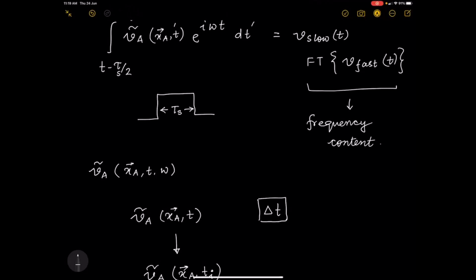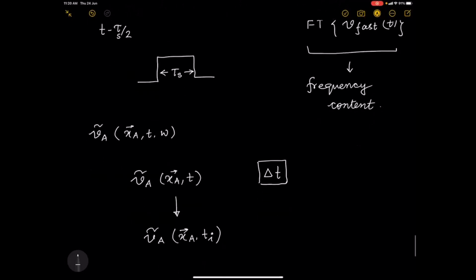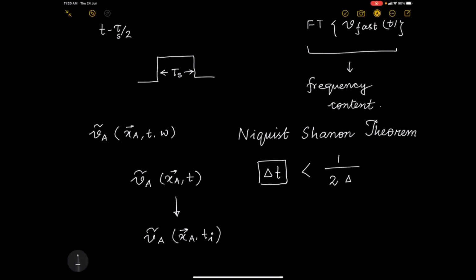Delta t is the time scale, the resolution at which you are sampling your signal, and there is a theorem called the Nyquist-Shannon sampling theorem that tells you this should be less than 1 by 2 times the bandwidth of the signal that you want to measure.